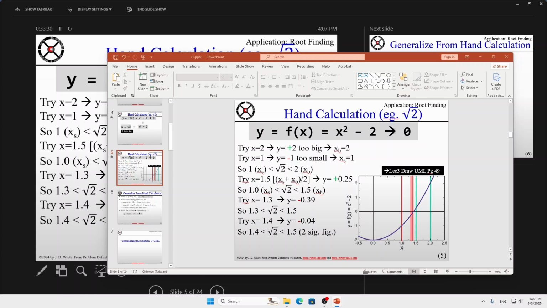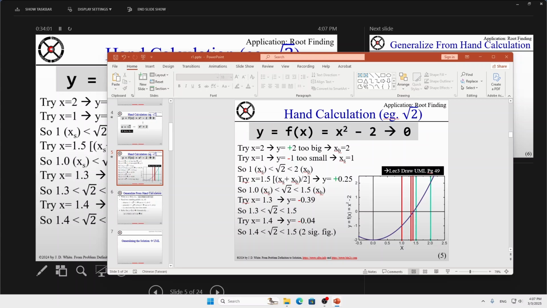Since now y is less than 0, I take this root and let xs equal x, x being 1.3. Now xs is going to be 1.3. So now 1.3 is less than root 2. And I output these two numbers, 1.3 and 1.5. Okay, xb minus xs is not less than 0.01, so I would keep going.